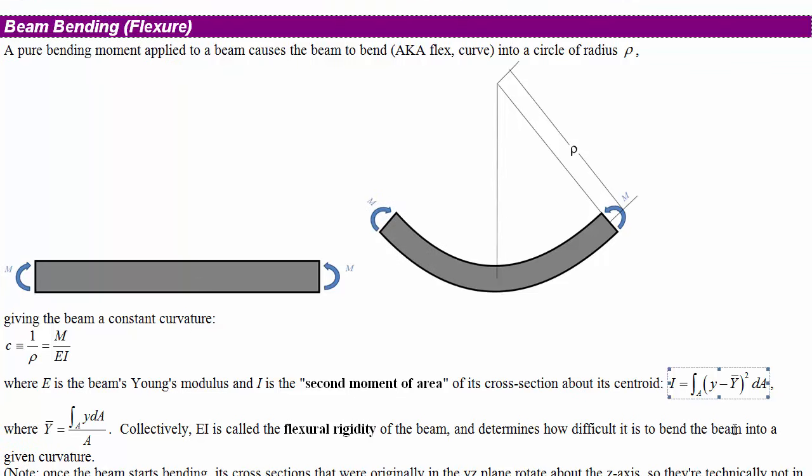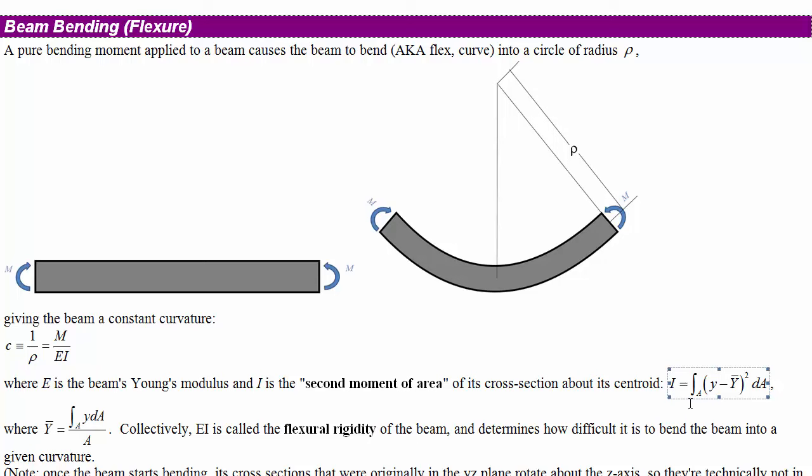So if you picture the y direction is up, x is this way, and z is out of the page, then we're looking at the moments about the z axes of those cross sections.